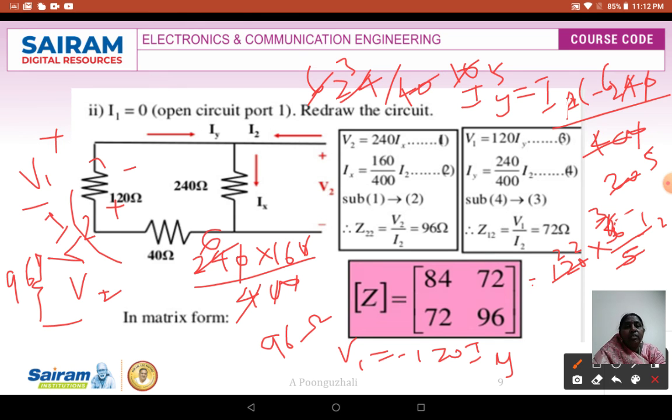So 120 into 3 by 5 means in this case 5. So 2 5s are 10, here in this case 220, so 66 ohms. So 120 into, so if I do it properly, it will be this one 280. So here in this case your V1 by I2 is equal to 72 ohms there.